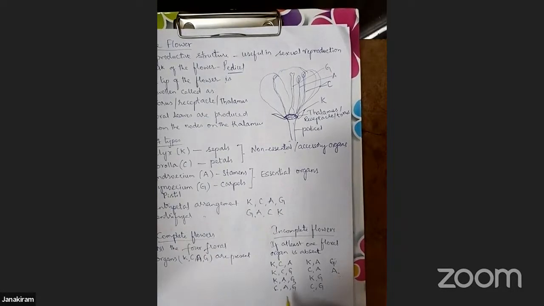That is, calyx and corolla are absent. So in Cyathium, the female flowers will have only G, whereas male flowers have only A. So it is also a type of incomplete flower where 3 floral parts are absent. In the female flower of Cyathium, calyx, corolla, and androecium are absent, whereas in the male flowers, calyx, corolla, and gynoecium are absent. So all these are the combinations of incomplete flowers.